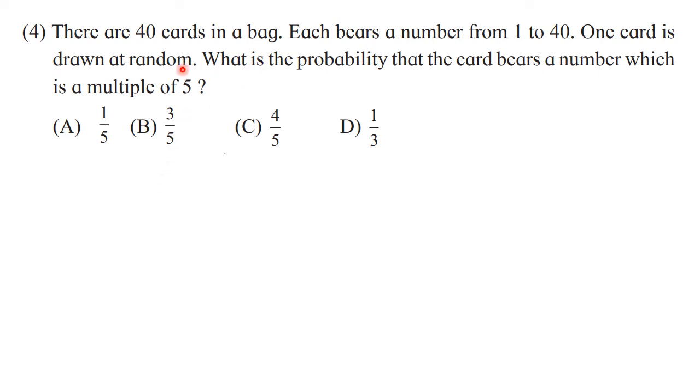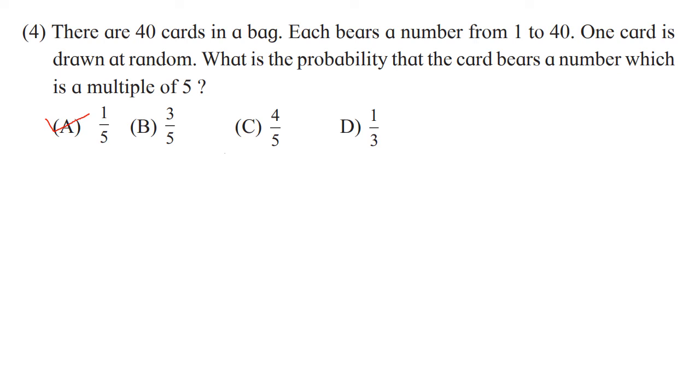Okay, so 8 numbers are there. So n of A is 8 and n of S is 40. So 8 upon 40, that is 1 upon 5. We can reduce it to lowest form as 1 upon 5. So here the correct answer is option A.